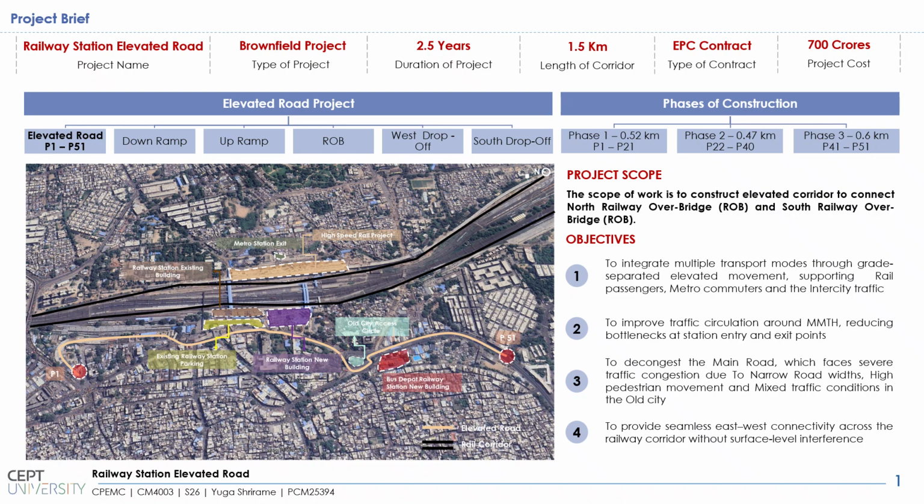As we can see, from P1 to P51 there is a live railway track running parallel to the elevated road, wherein there is a current railway station. Along with that, there is a new railway station being developed alongside it. There is a metro station exit over there. Also, there is a high-speed rail project being executed simultaneously over there. So this is a very complex kind of project being executed.